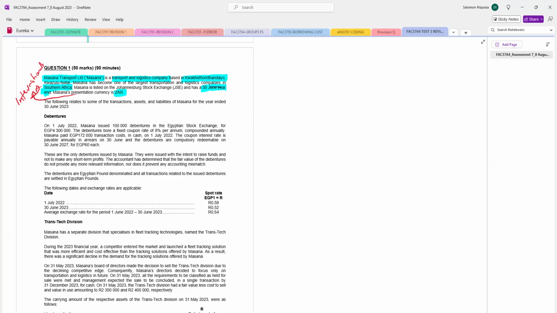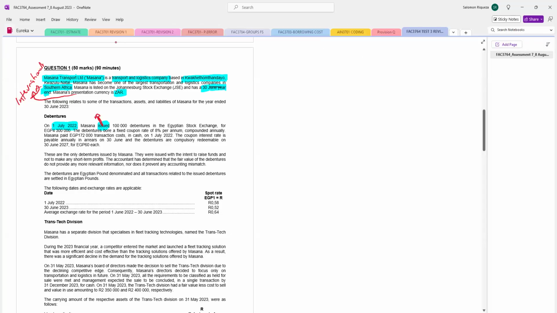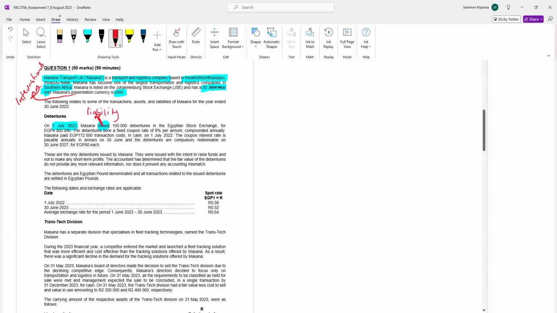It says on 1 July 2022, which is the beginning of the current year, Masana issued. Remember, if we are the one issuing, this is a liability. The company issuing will have a liability. The company purchasing or acquiring will have an asset. Right, so let's continue.